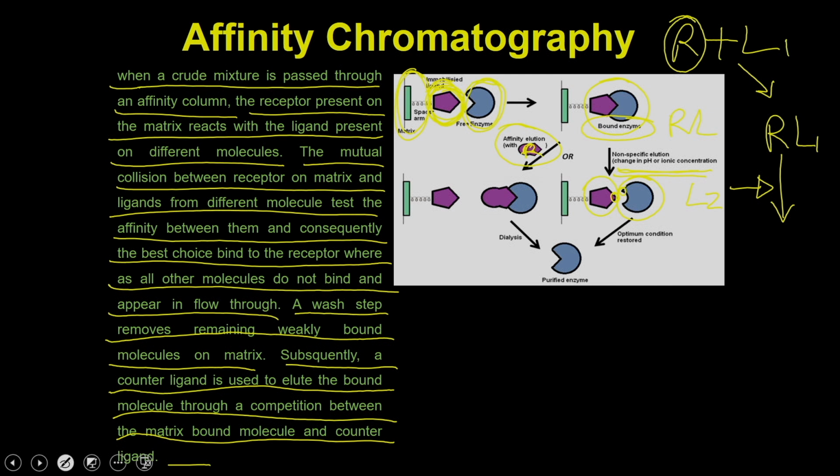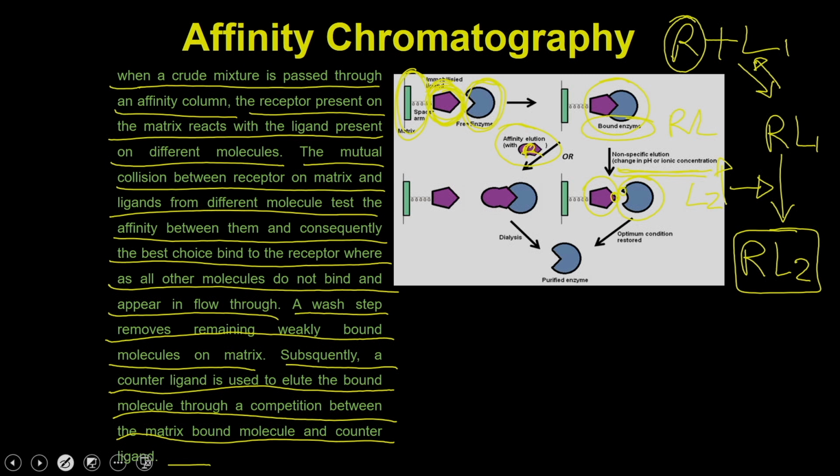As you might have seen, this is a reversible reaction. So RL1 is going to dissociate into R plus L1, and if you increase the concentration of L2, it will eventually form RL2 complexes.